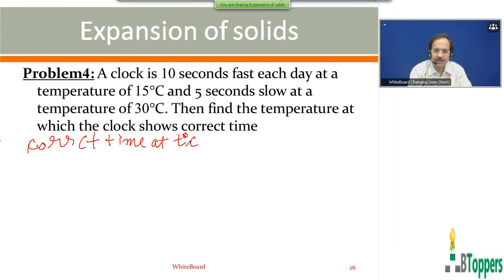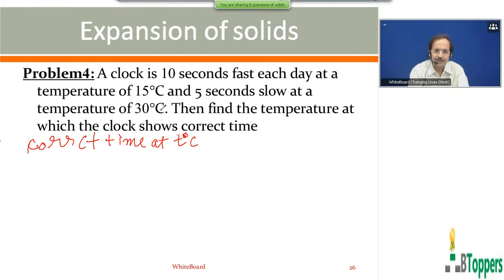As explained in the previous class, when the temperature of the clock increases above this temperature t at which it shows correct time, then it loses time. And when the temperature of the pendulum clock falls or decreases below this particular temperature t, then it gains time.